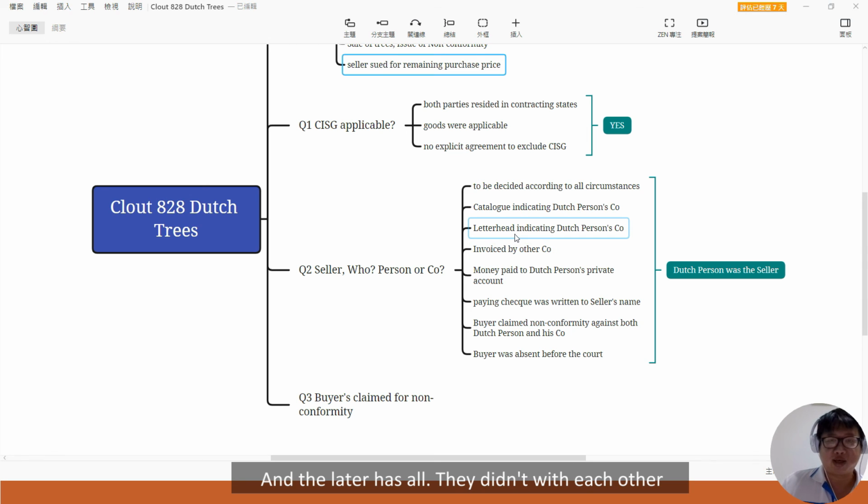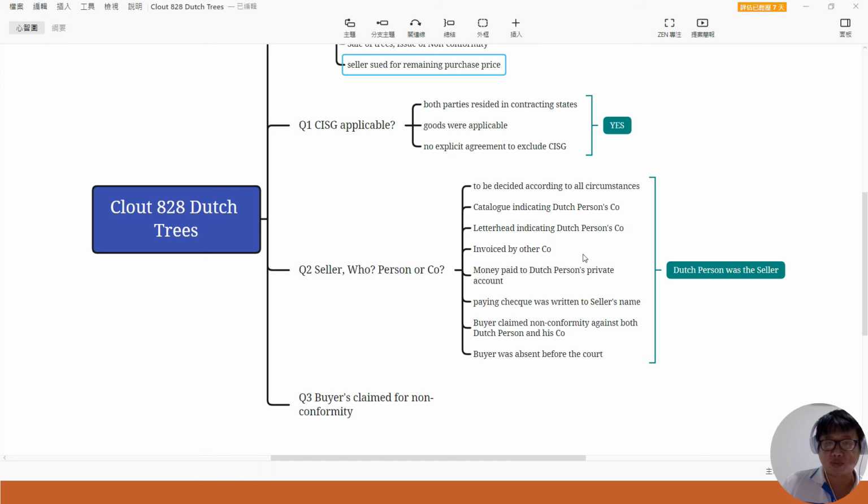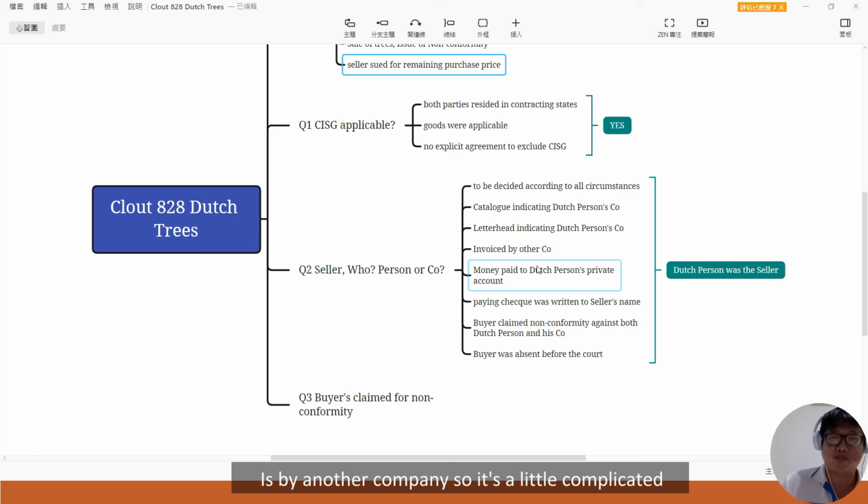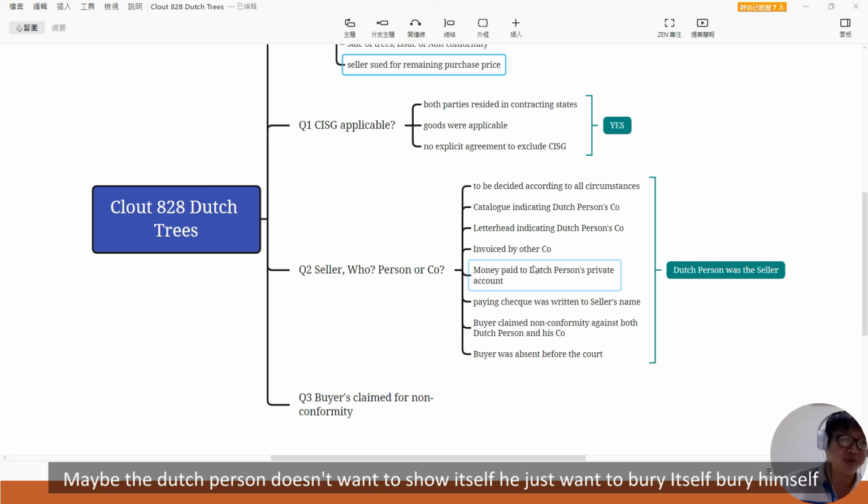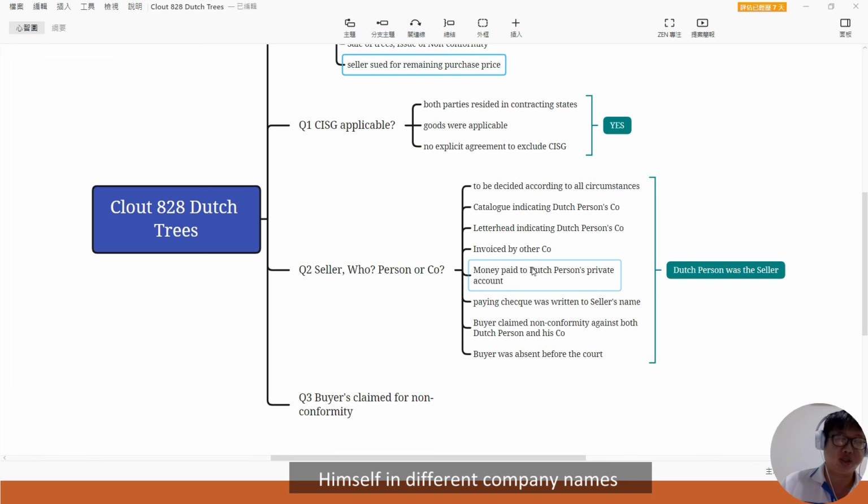The letters had a letterhead indicating the company, but the invoice was issued by another company, so it is a little complicated. Maybe the Dutch person did not want to show himself and wanted to bury himself in different company names, maybe for tax purposes.